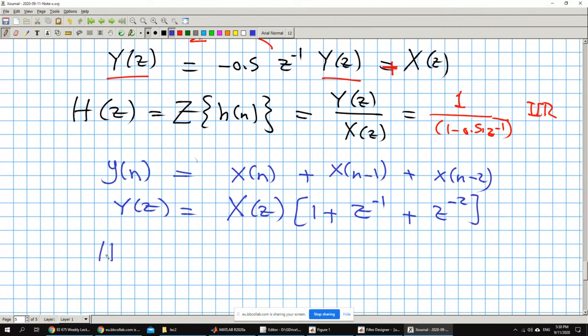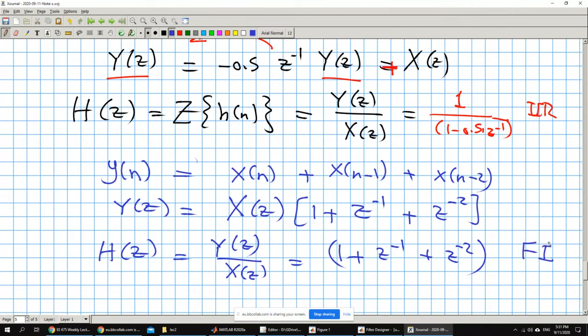So basically, h of z is equal to 1 plus z to the minus 1 plus z to the minus 2. Whenever you have a system that doesn't have a denominator, only the numerator, this will be an FIR filter. And this is IIR.